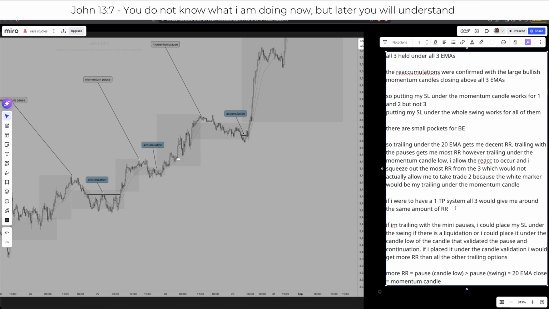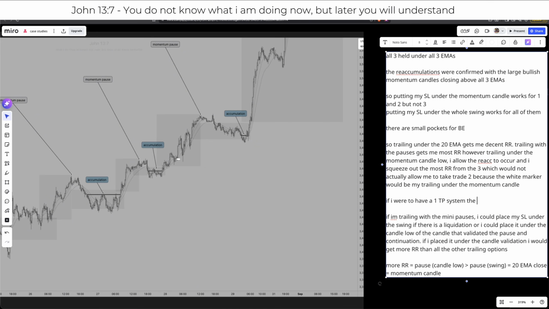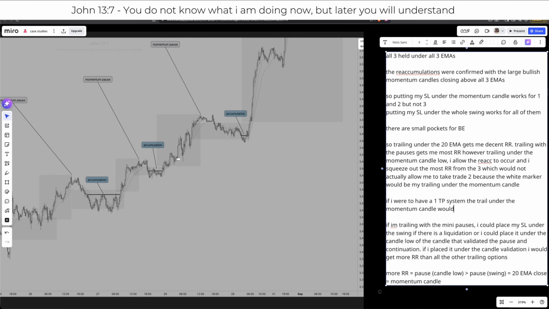So if I were to have one TP system, all 3 would give me this, the trail under the momentum would give me the most RR.